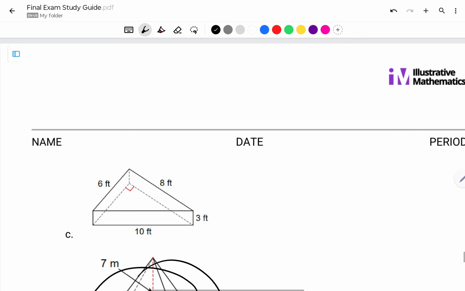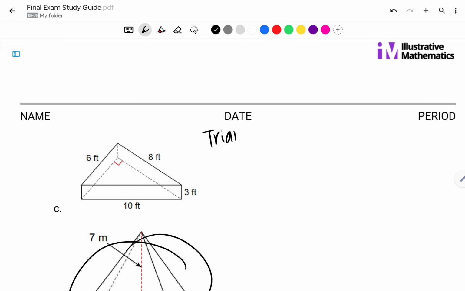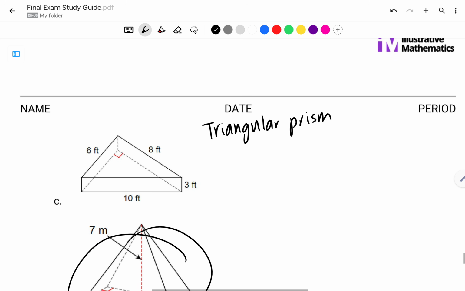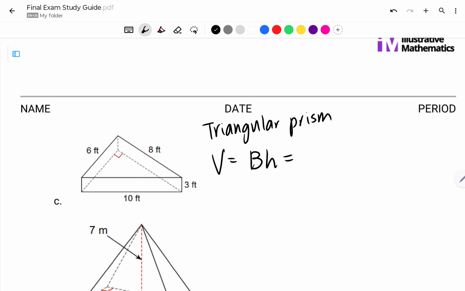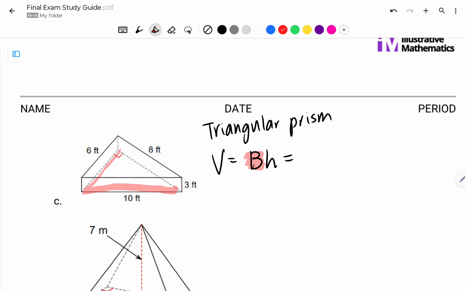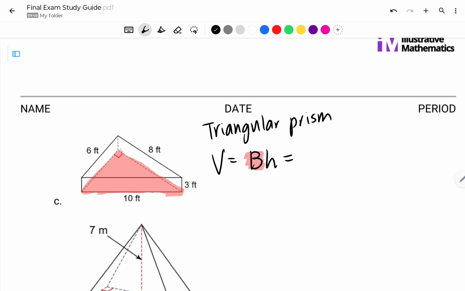Let's keep going. This one is a triangular prism. Do not get confused with triangular pyramid and prism. Volume is equal to, this one is capital B times H. Again, I'm asking myself, what is the base shape here? It's going to be this triangle at the bottom. So I already know my area of the triangle, 1/2 times base times height.